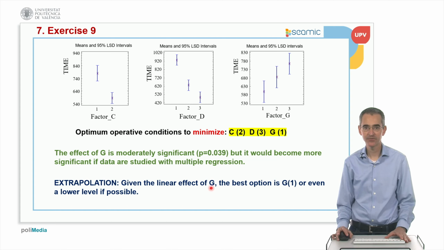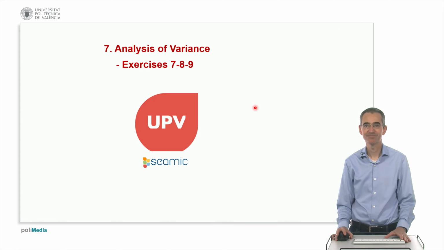Given the linear effect of factor G, the best option is to work with the lowest level, but maybe we can make some kind of extrapolation, and even go slightly lower. Okay, so this is the end of the video that I have presented about three exercises of ANOVA.